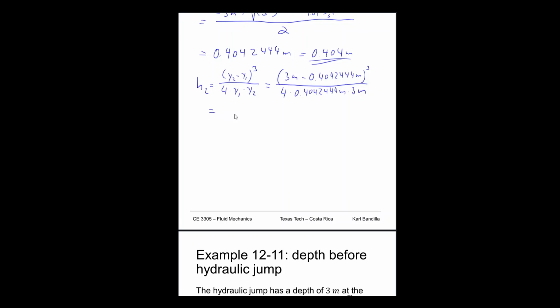That gives me 3.6055505 meters, or 3.5 meters if I have to round it.